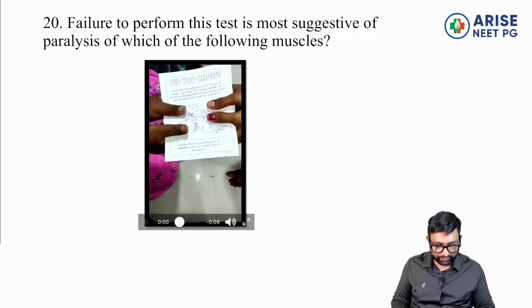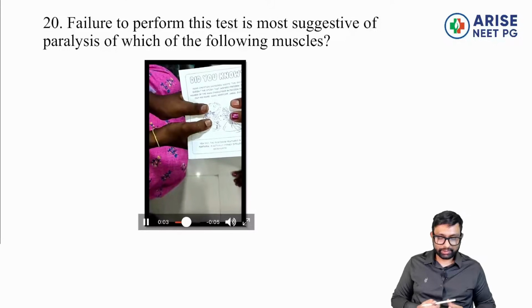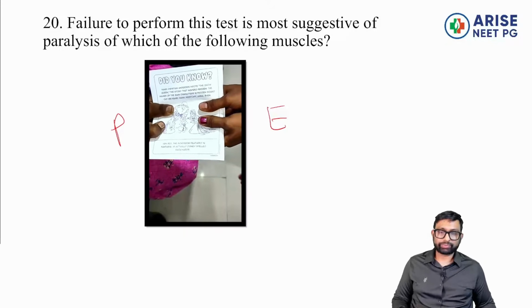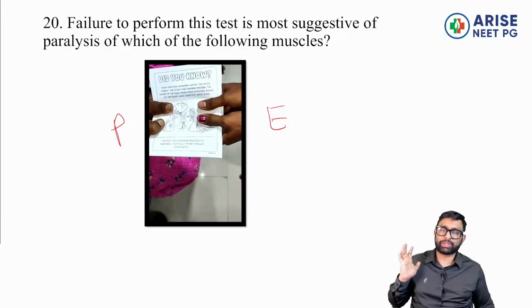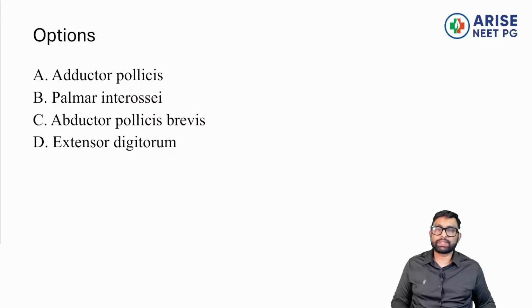Let me show you this video. This is the patient, this is the examiner. Look at the fingers of the patient. What is so different here? With this, can you answer this question as well? Which muscle is affected? Is it adductor pollicis, palmar interossei, abductor pollicis brevis, or extensor brevis?